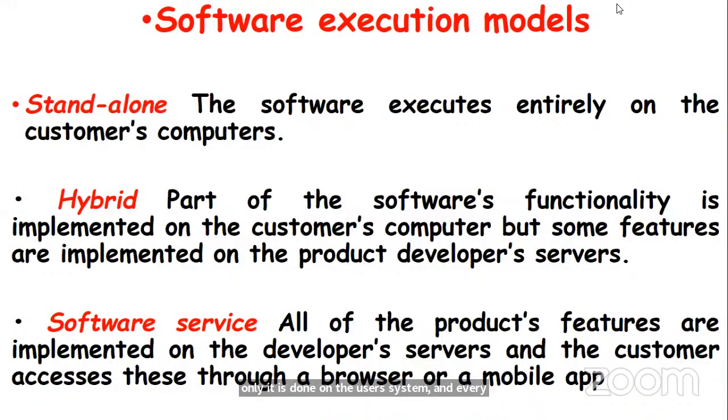We could have a hybrid, in which some of the functionalities are resident on the user's system, and some others are hosted by the developers. Now, for software as a service, all the products are hosted on the server of the developer. So you just use a front end, or a node, to access the functionalities that you feel are useful to you.